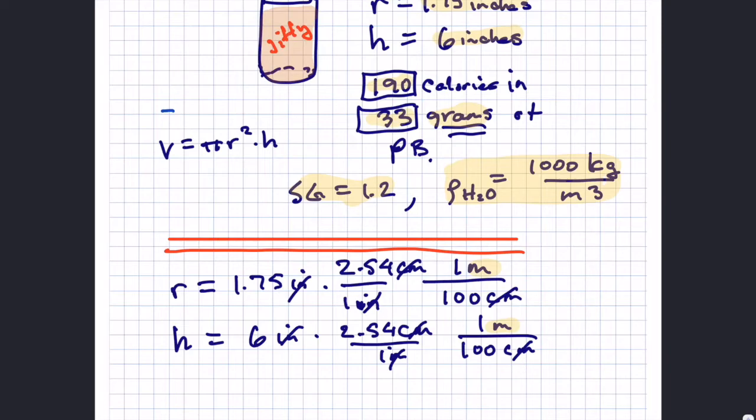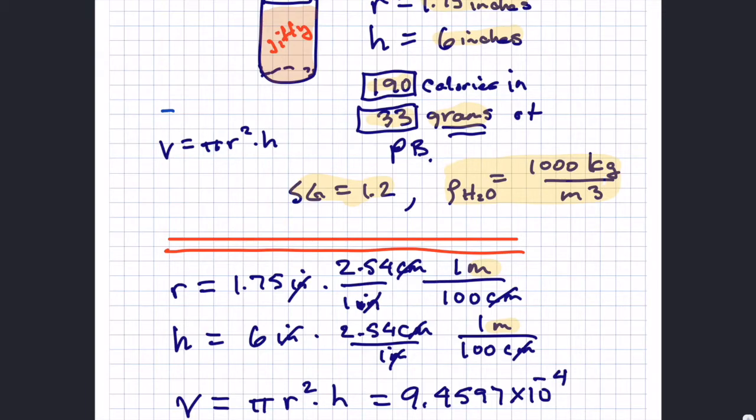Okay, so that lets us calculate the volume. We just simply plug in. We know what R is, we square it. We know what H is, and we get a number for the volume. I've calculated that already. I get the volume to be 9.4597 times 10 to the minus 4th cubic meters.